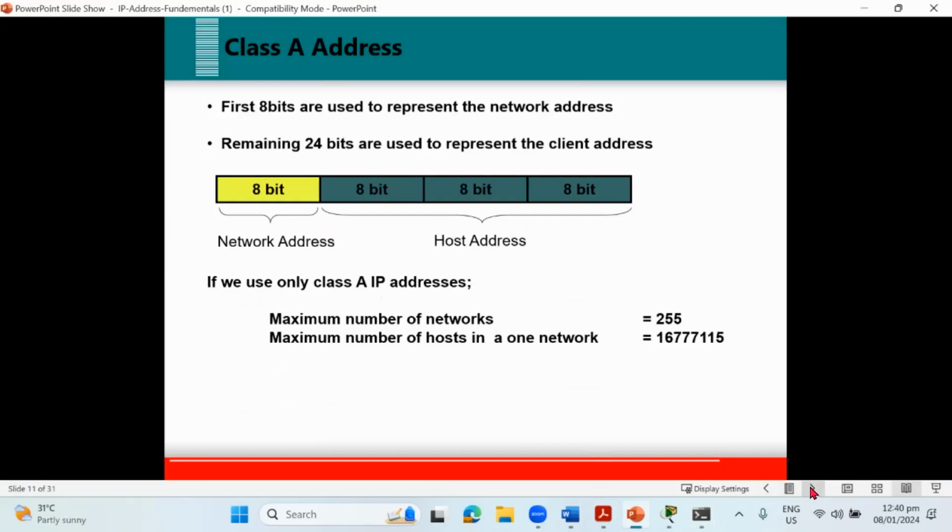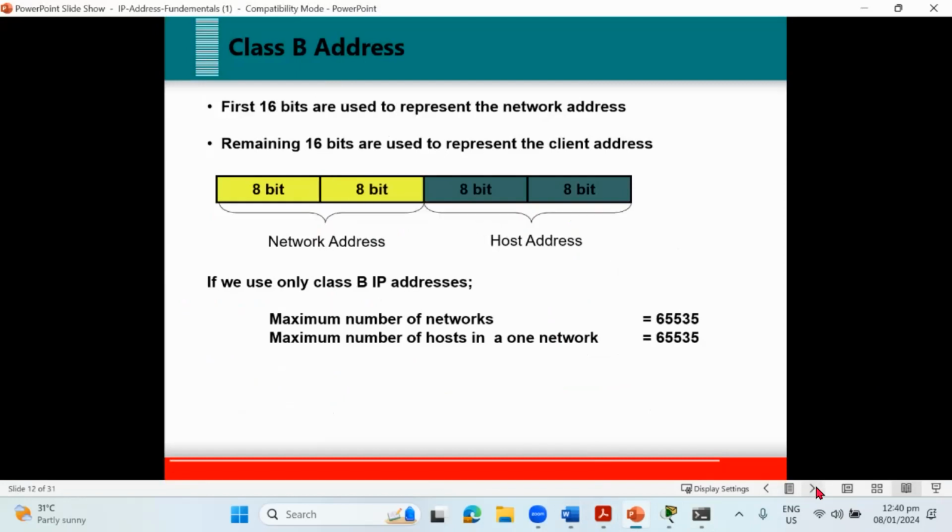Pag class B naman, 16 bits are used to represent the network address and the remaining bits represent the client. If we use only class B IP address, the maximum number of networks ay 65,535 networks. And each network, we can have 65,535 hosts.